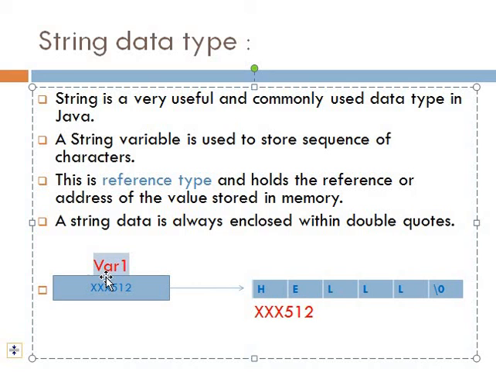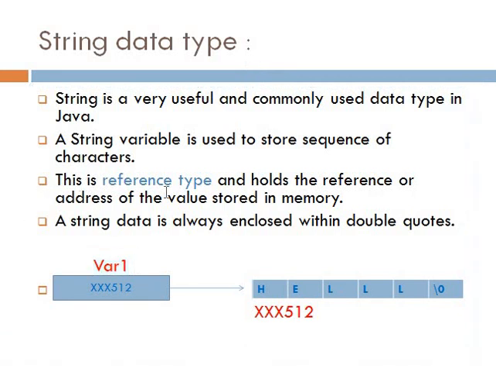Let's say this variable called var1 stores the value called hell at a memory location known as 512. So we can say that the string variable var1 contains the value hell and the null character /O at the address 512 or at the memory location 512. And that is the reason we say that the data type of the string variable var1 is a reference type.